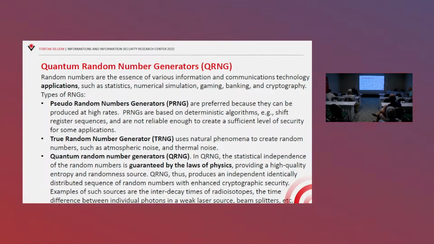But as opposed to all of these, in quantum random number generators the randomness is generated by the laws of physics. Like, for instance, if you toss a coin, head or tail, apparently it's a random number source, but that is due to the lack of our detailed information on the actual physical system.